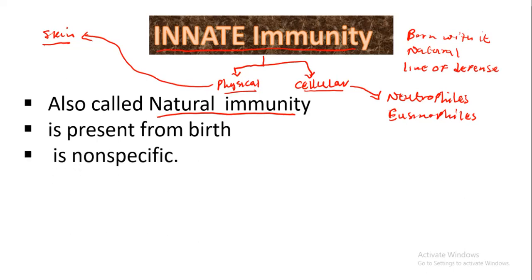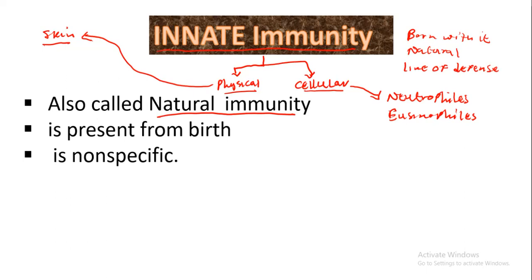Since you are born with this, if you look at the skin, it is not specific. It is being exposed to so many pathogens and so many germs, and the skin plays a role in preventing these foreign materials from entering your bloodstream and affecting other organs.